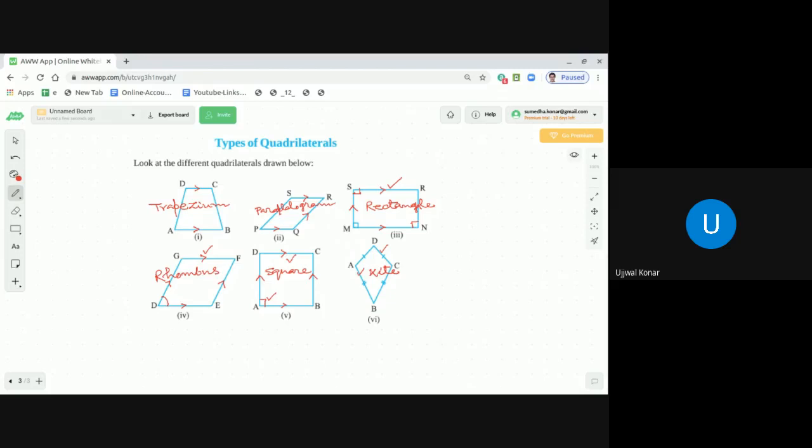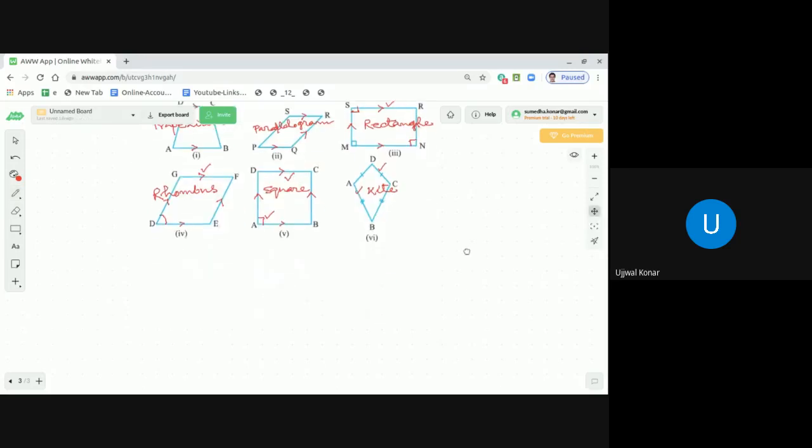Now I want to give you an exact tabular format so that you can understand exactly how we can make a difference among all these things. Correct, dear students? So here I'm going to write it down.